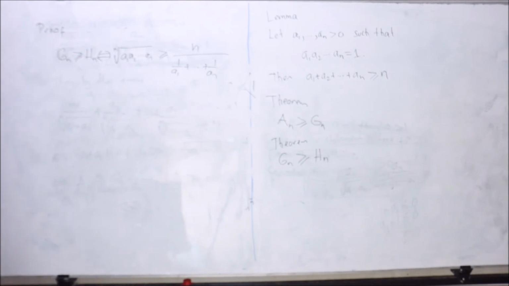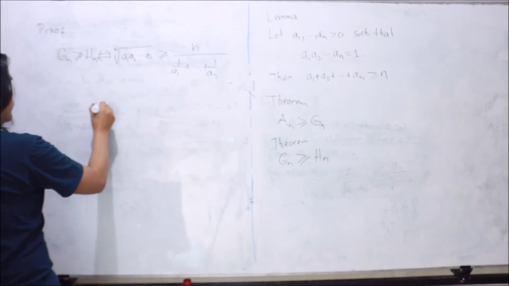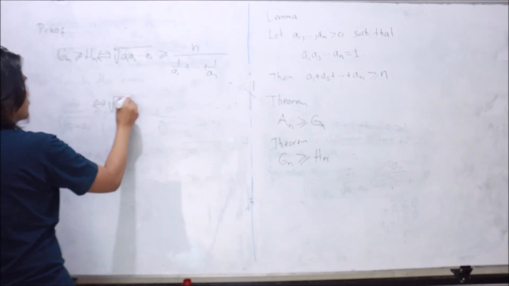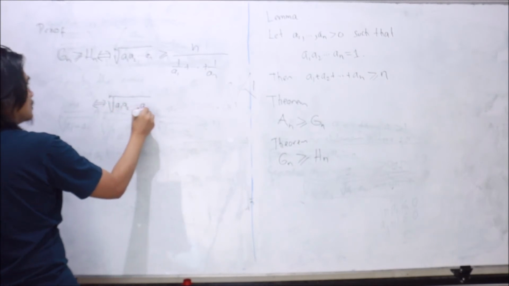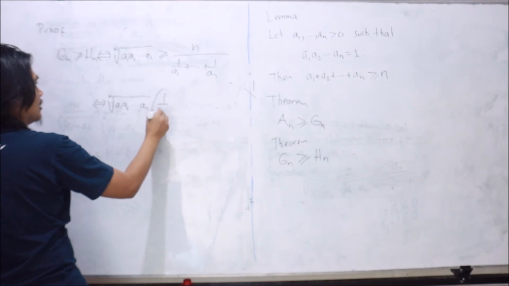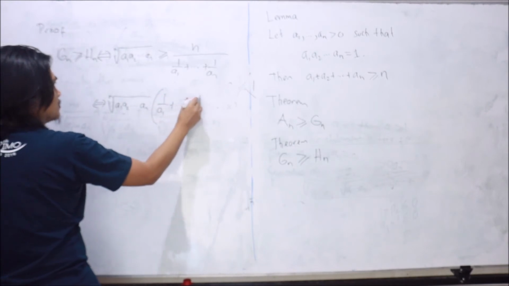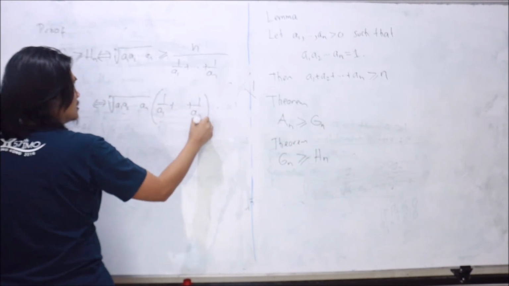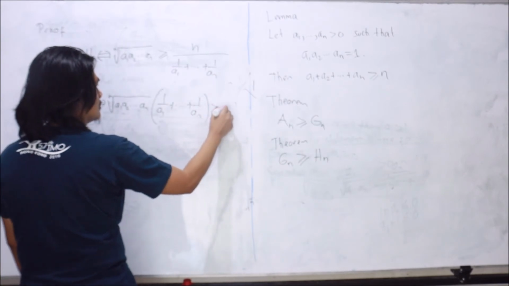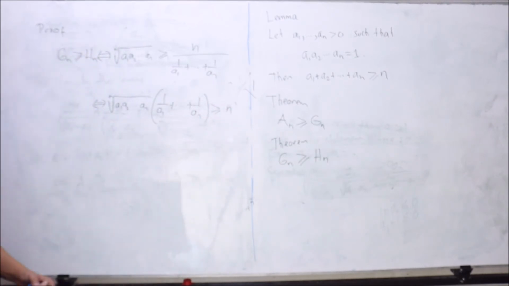Right? Okay. Which is again equivalent to this multiplied by 1 over a1 plus dot dot dot plus 1 over an is greater or equal to n. Right?